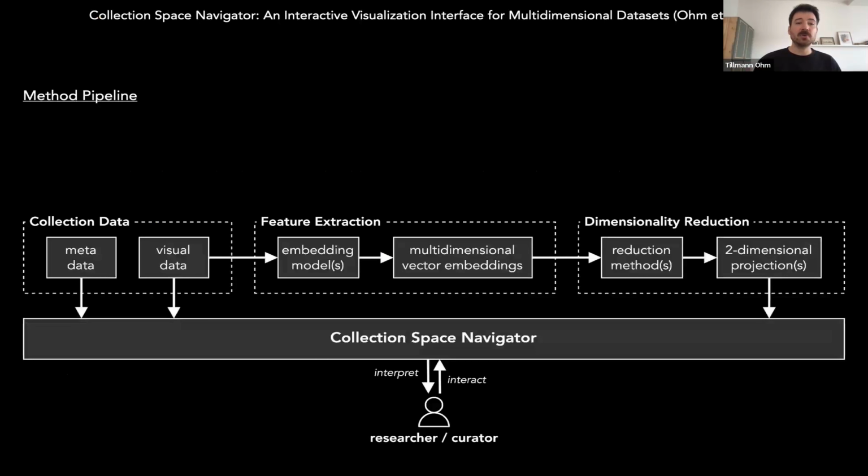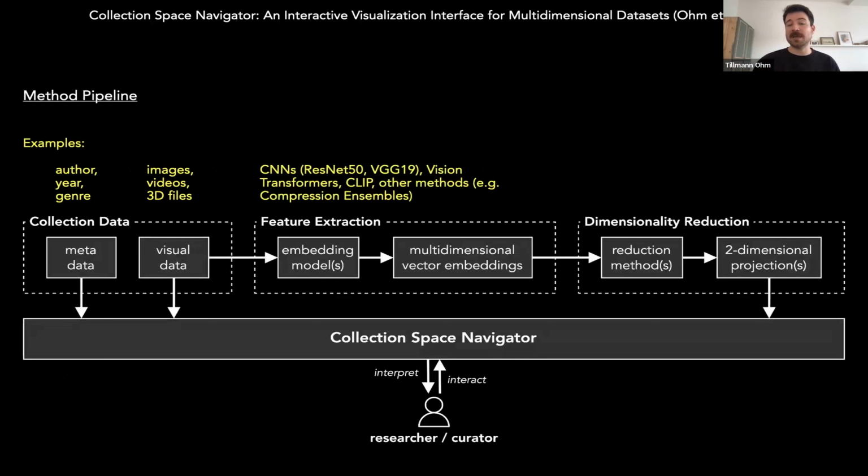So a visual collection usually consists of two parts, visual data and often metadata. The visual data can be embedded into a multi-dimensional feature space where the content is mapped based on similarity. To do this, we first need to extract features using an embedding model that could be a pre-trained convolutional neural network like a ResNet-50, or we could use a more recent vision transformer or a CLIP model, for example.